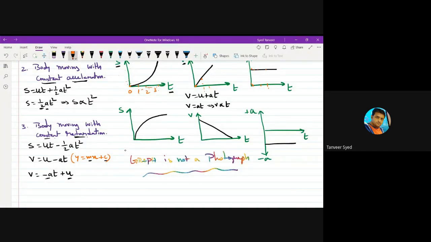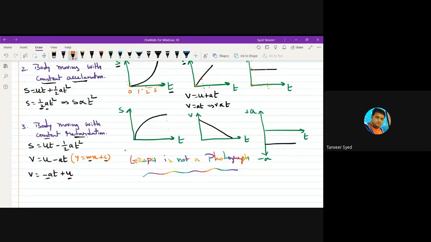Is it increasing or decreasing? It is increasing. Displacement is increasing with time, but after a certain time, it becomes constant, because if the body goes with a retardation, its velocity decreases, decreases, decreases, finally it stops. If it stops, its displacement will be constant, does not change. That's why you are getting this.